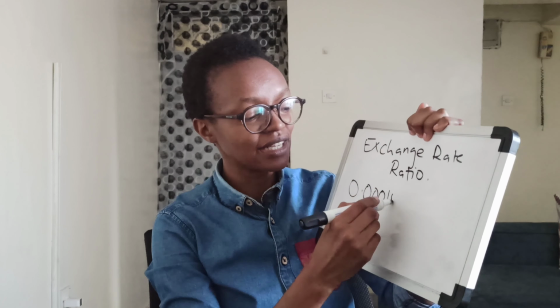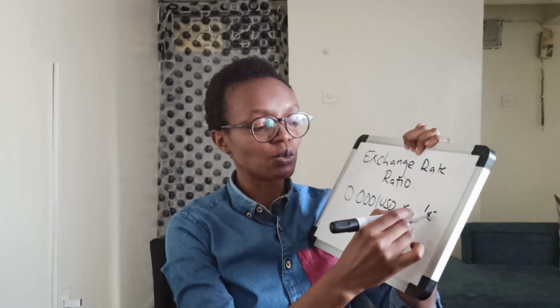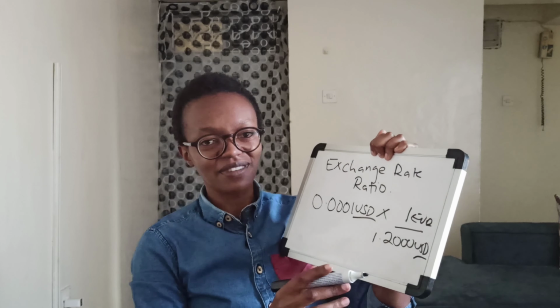So we had already found the value of the change in the counter currency. It was 0.0001 USD. Now we multiply it by the ratio, which is €1 over 1.2000 USD. Now we notice the USD values are the same, so I hope we remember our math, that cancels out.